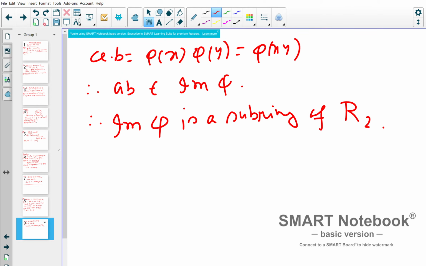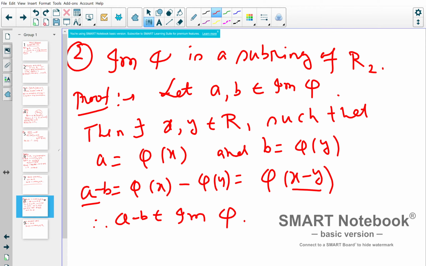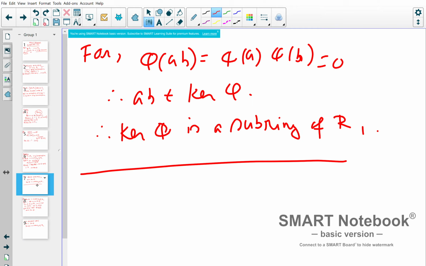So these are the properties of homomorphisms, which tell you that both the kernel and the image become subrings. But you see, the kernel has one more property. Not only is it a subring, it has one nice property. So what is the nice property?